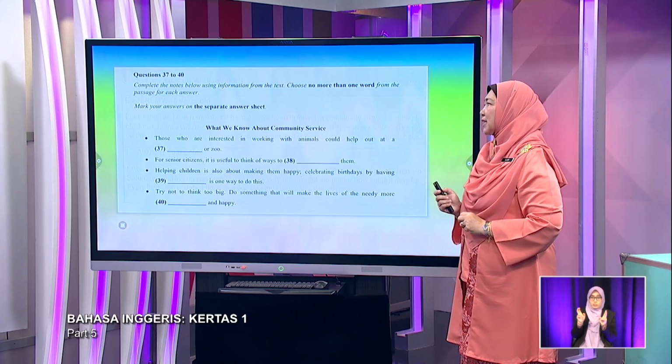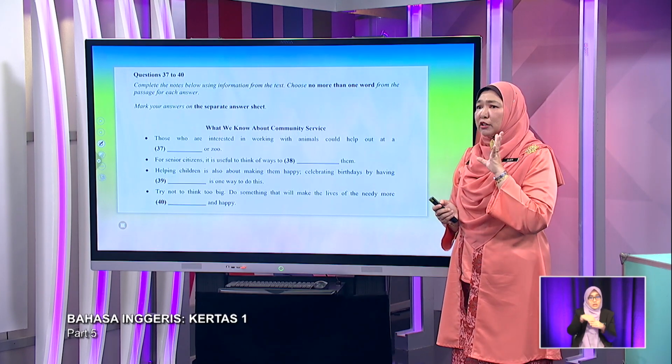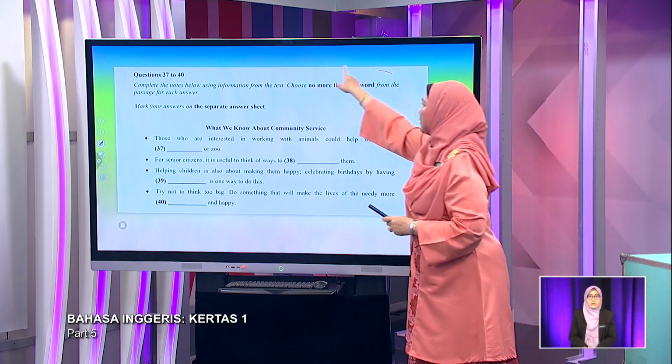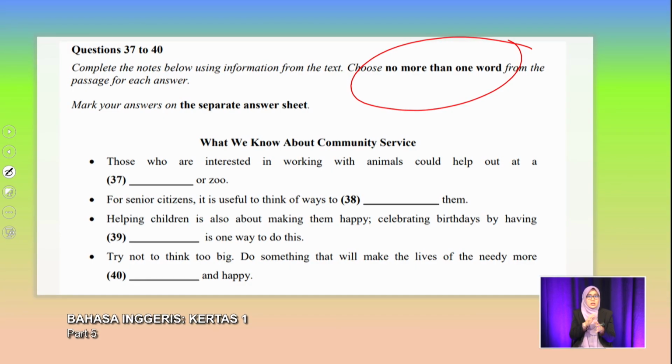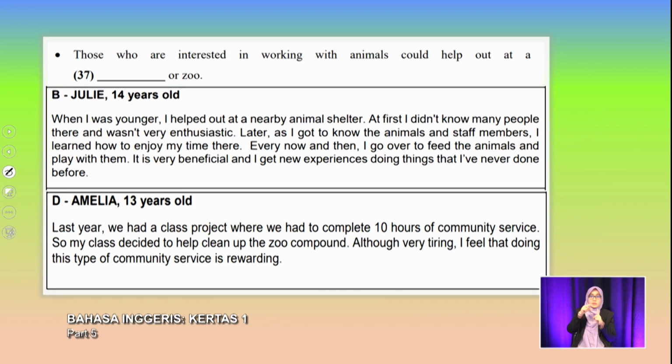Next, this is for 37 to 40, where, remember, no more than one word. Let's look at number 37. Those who are interested in working with animals could help out at a blank or zoo. The clue here is animals.